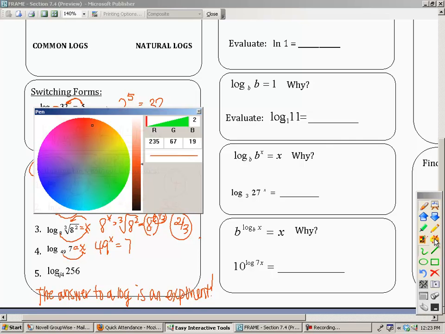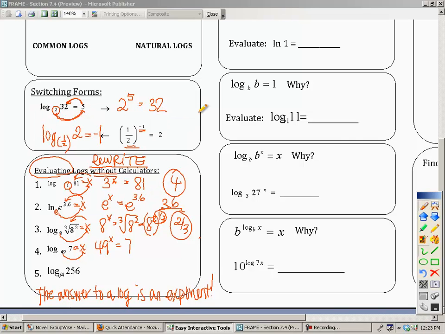If I look at this, the question is, 7 to what power gets me 49? Well, 7 squared is 49. So if I go backwards, I need the reciprocal. And the reciprocal of 2 is 1/2. So 49 to the 1/2 power would be 7, because 7 squared is 49.